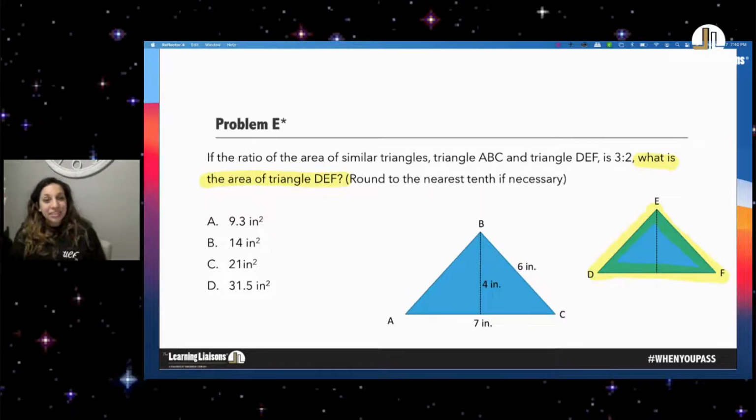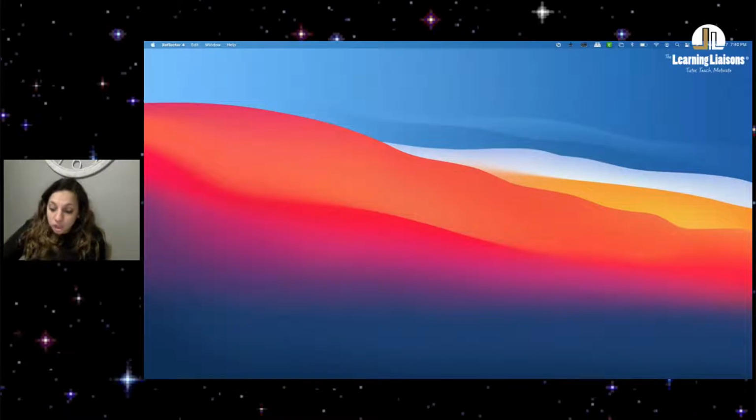I need to find the area of the triangle that I do have information for. Now, I've got to know my area formula, though. What is my area formula for a triangle? The area formula for a triangle is 1/2 base times height.